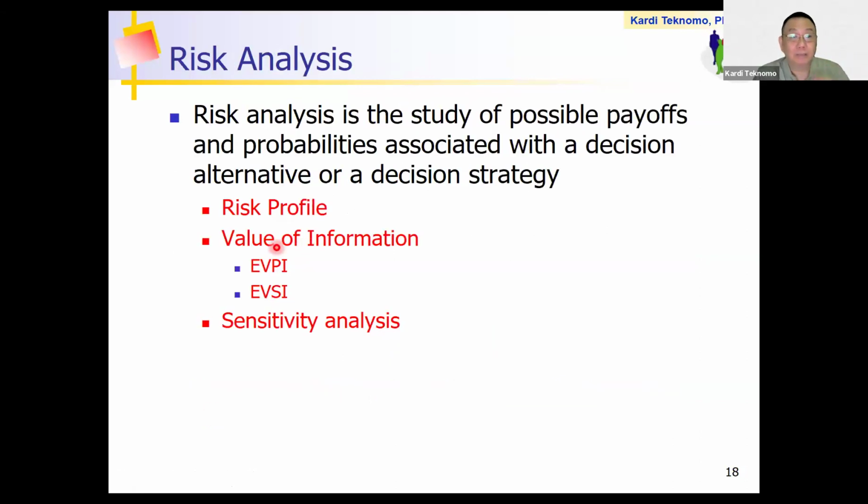Okay, now let's discuss risk analysis, based on the possible payoff and the probability associated with the decision alternative. We will discuss risk profile, value of information, and sensitivity analysis.